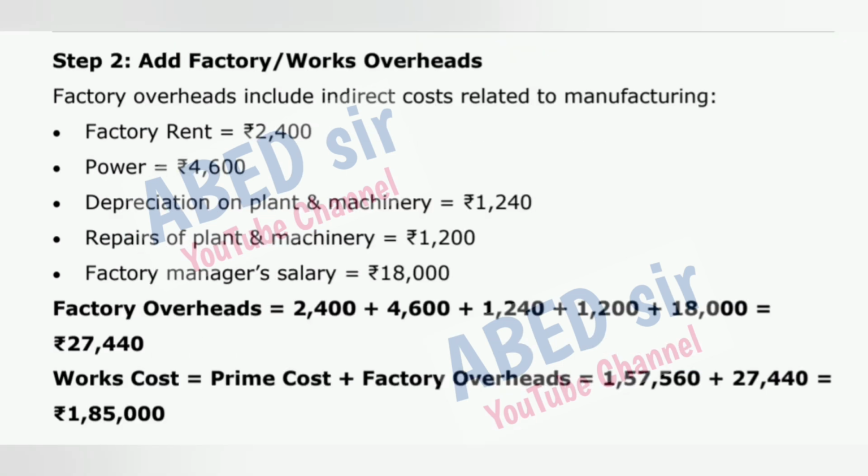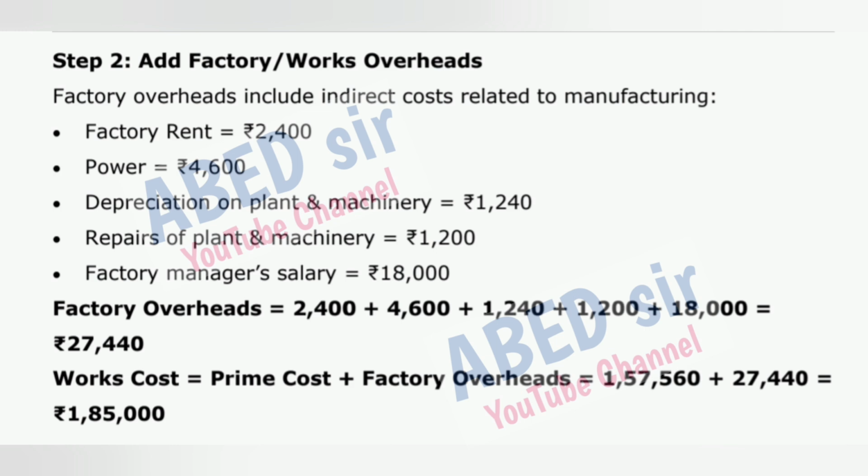Step 2. Add factory works overheads. Factory overheads include indirect costs related to manufacturing. Factory rent is equal to 2,400 rupees. Power is equal to 4,600 rupees. Depreciation on plant and machinery is equal to 1,240 rupees. Repairs of plant and machinery is equal to 1,200 rupees.